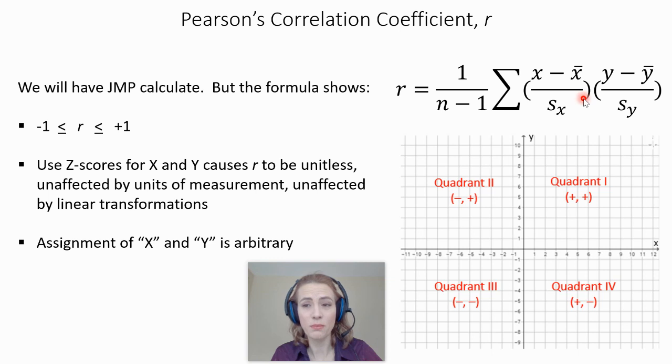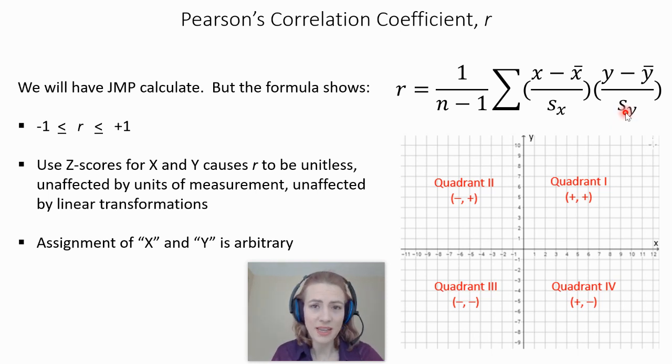What about values that are below average for both? Well, you'd have a negative times a negative down in quadrant 3. So if you have a positive pattern, most of your points are going to be in quadrants 1 and 3, resulting in a positive value for r. On the other hand, if you're in quadrant 2 or quadrant 4, one of your variables is above average and one is below.